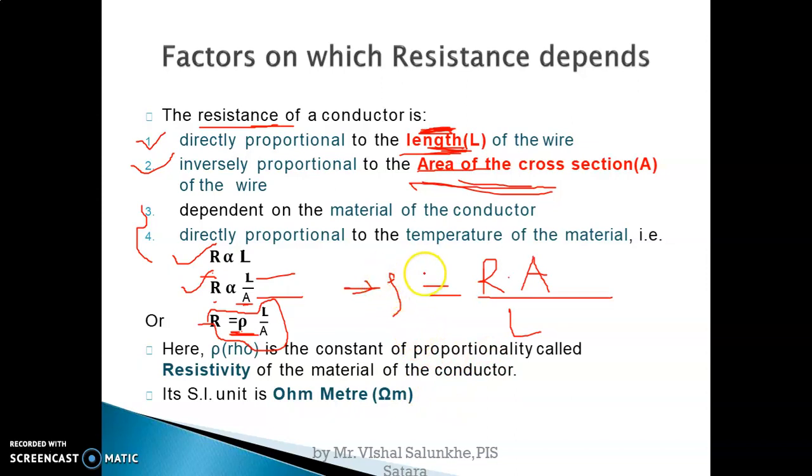Simply, it is the formula R into A divided by L.